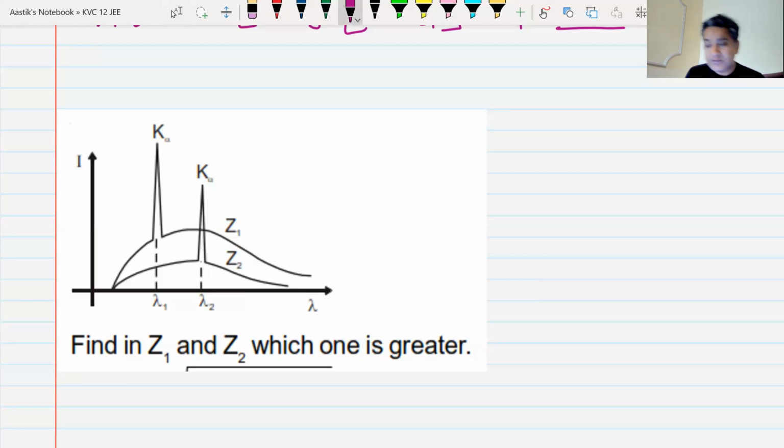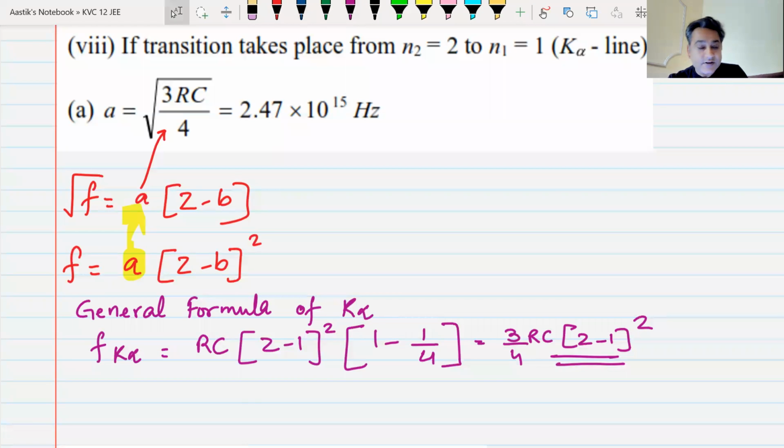See, you have now also seen the formula: root over f is directly proportional to Z minus b, right? Have I given you the formula of lambda? No, I have not given you the formula of lambda. Okay, so I made a mistake here. I missed it. So let us write the formula of lambda as well.